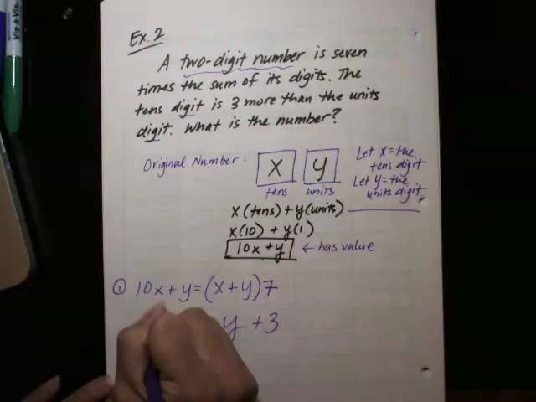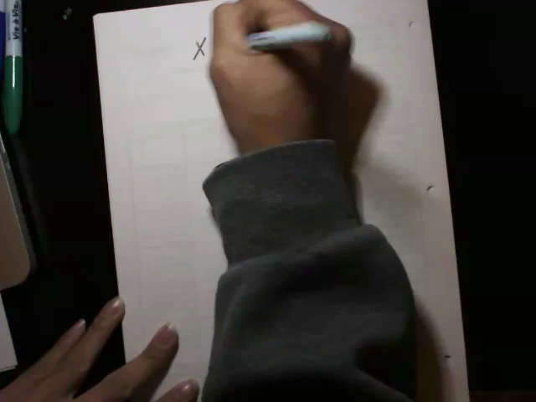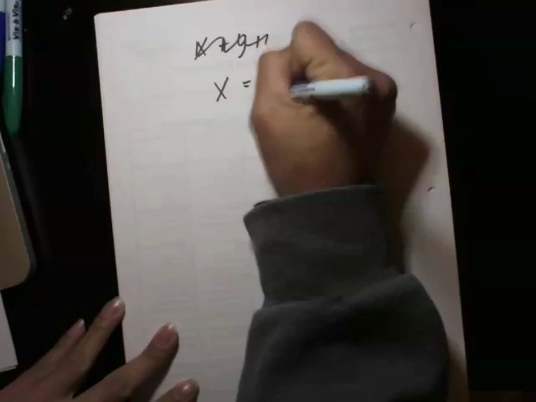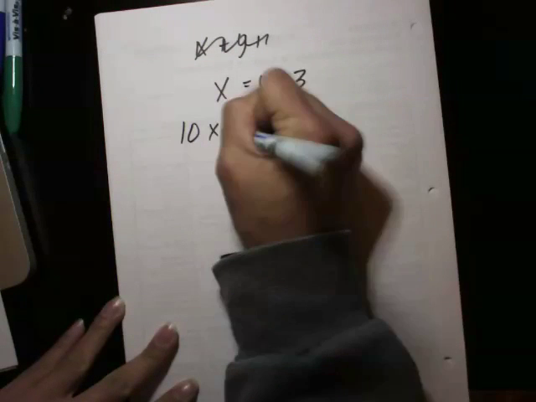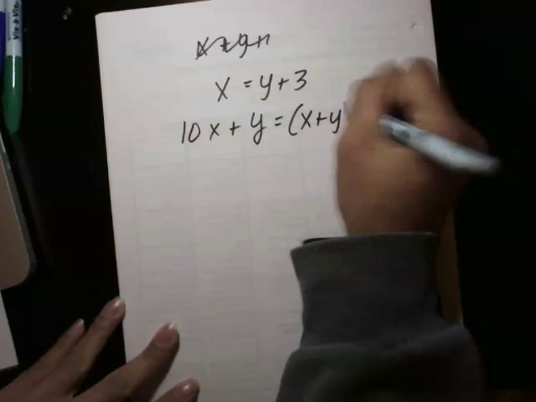So here's my second equation. Okay, so let's simplify and solve. I'll use a separate sheet of paper. We have x equals y plus 3, and we also have 10x plus y equals x plus y times 7.